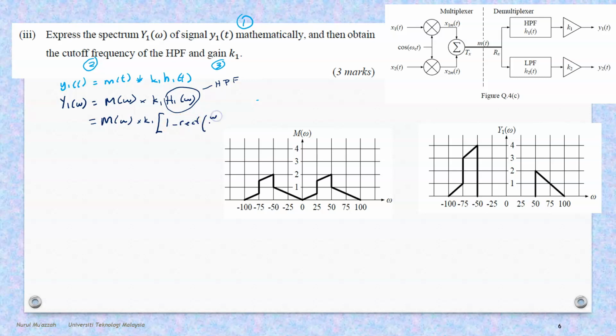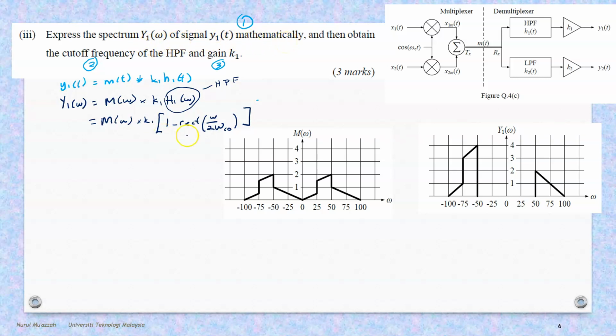Also remember ω divided by 2ω_c0. This ω_c0 is the one that you need to find. It is the cutoff frequency of the high pass filter, and we can find it based on the given information. So we have answered the first question: express spectrum Y1(ω) mathematically.